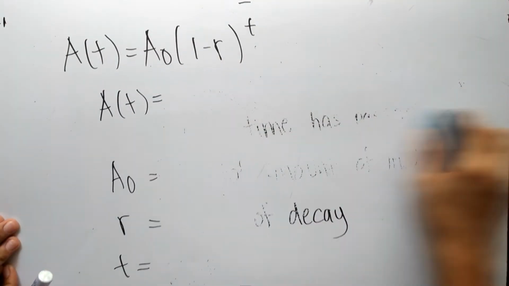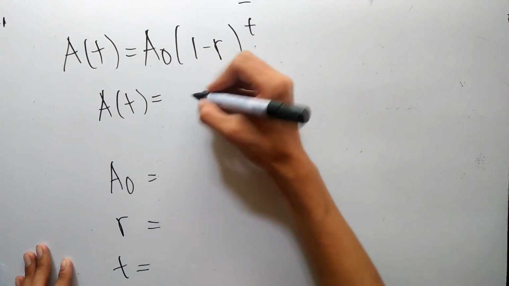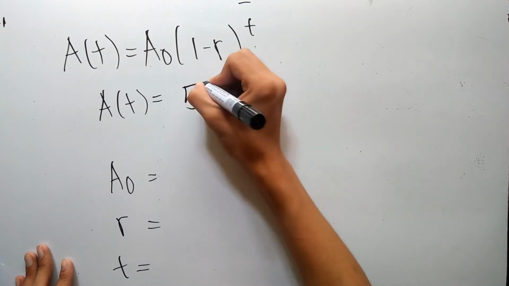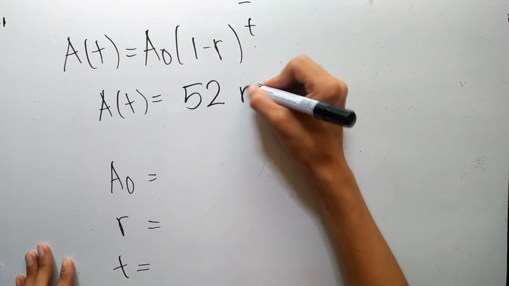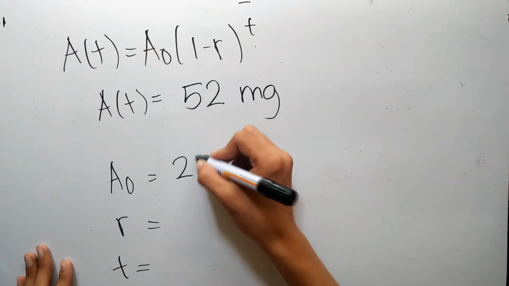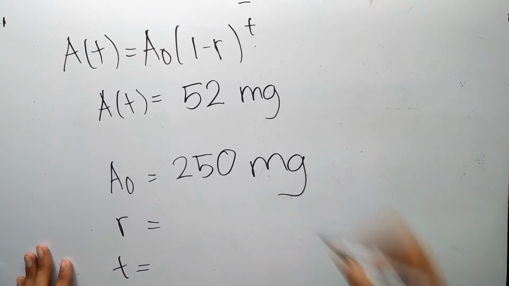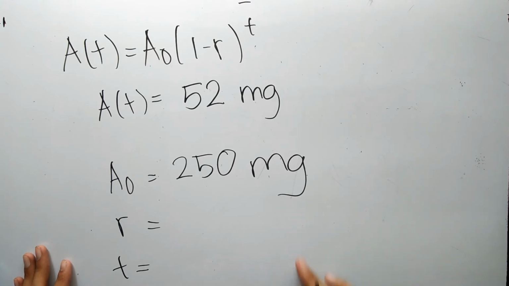Now we will substitute the known values for the variables. So the amount of drug left after time has passed will be 52 milligrams. The initial dose is 250 milligrams. It is stated in the problem that the drug's effectiveness will only be 95% as effective as the previous hour.